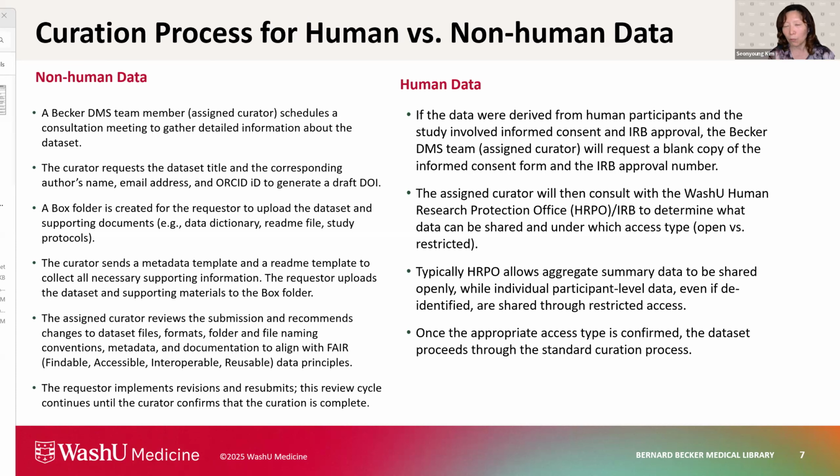We provide the IRB approval number and a blank copy of the informed consent. They typically allow aggregate summary data to be shared openly, but individual participant-level data, even if de-identified, is usually shared through restricted access. So we have some checks and balances. Once the appropriate access type is confirmed, the rest of the process is pretty much the same as for non-human data.